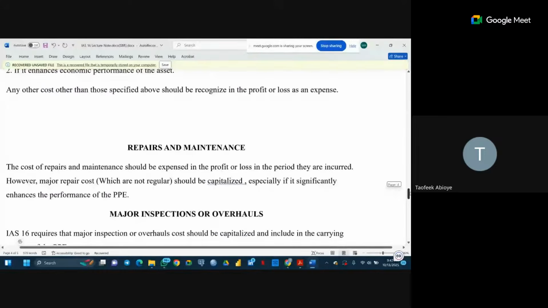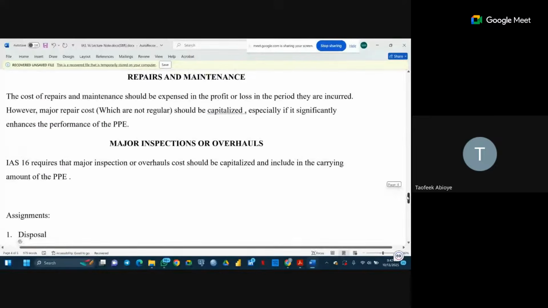Repair and maintenance should be expensed in the profit or loss in the period incurred. However, major repair costs which are not regular should be capitalized, especially if they significantly enhance the performance of the PPE.